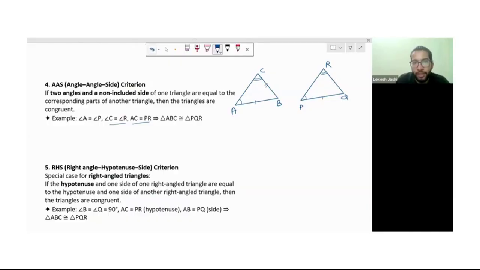In that way we can say they are congruent by the criteria of angle angle side. So now we can say triangle ABC is congruent to triangle PQR by the criteria of angle angle side. So that's the fourth one.